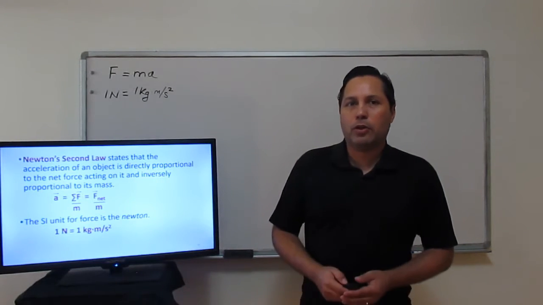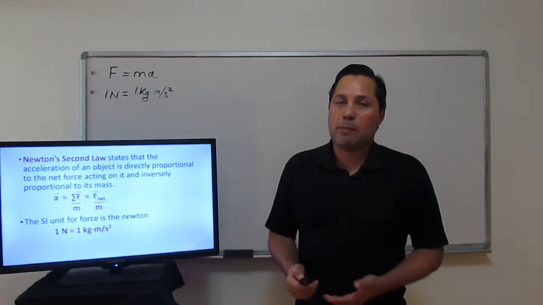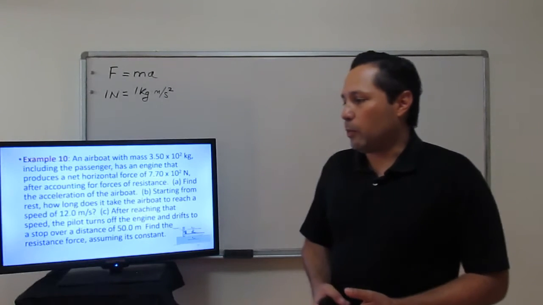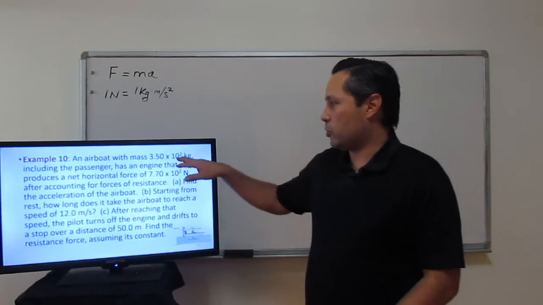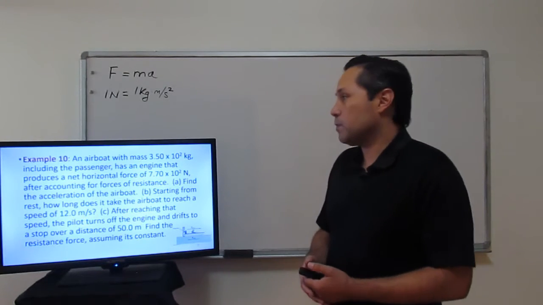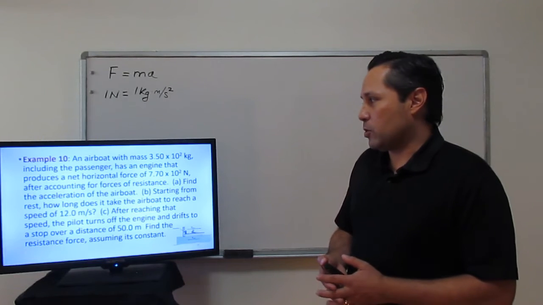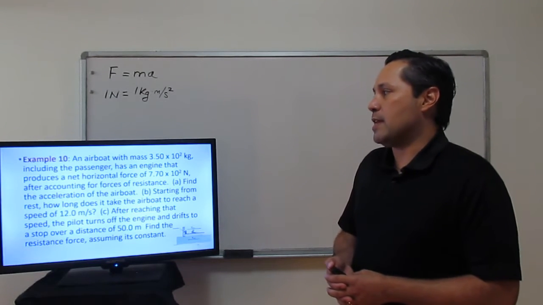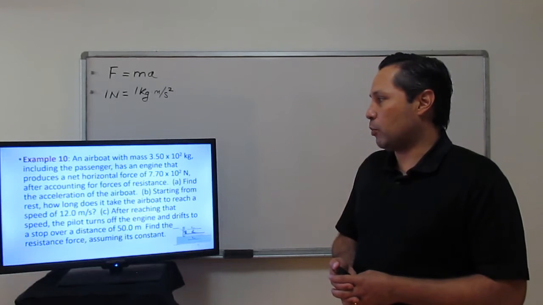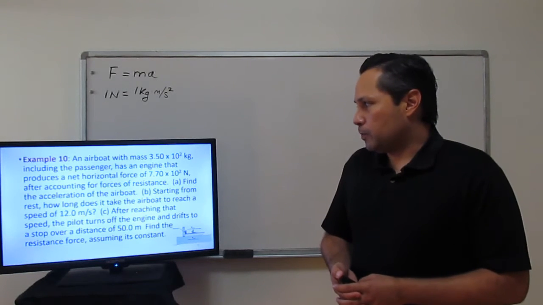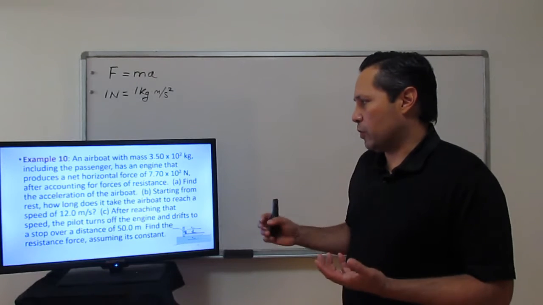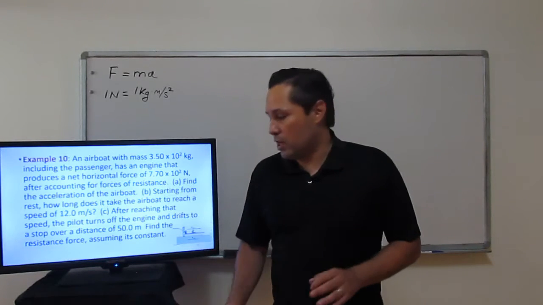Now let's go ahead and take a look at our next example. It's example number 10. It says an airboat with mass of 3.5 times 10 to the 2, or 350 kilograms, including the passenger, has an engine that produces a net horizontal force of 7.7 times 10 to the 2 newtons, after accounting for the force of resistance. So they're giving us just the net force.